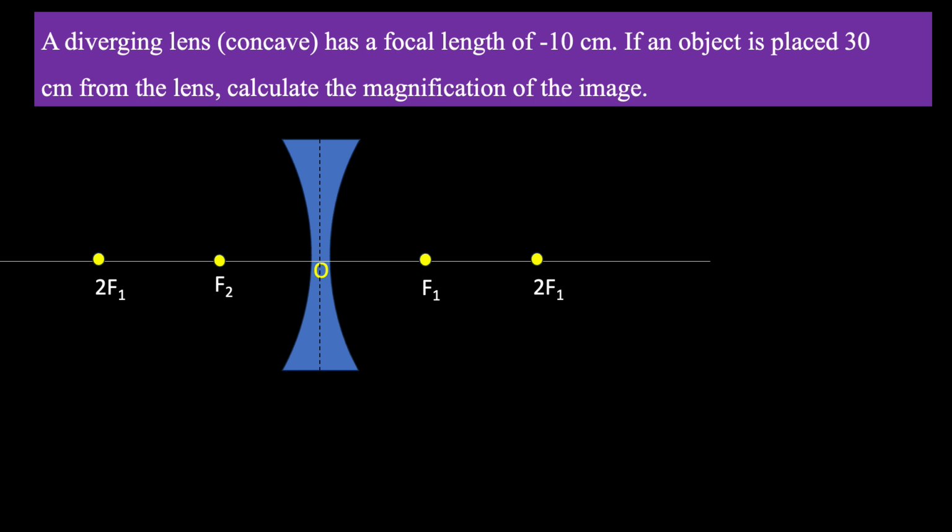A diverging lens, which is a concave lens, has a focal length of minus 10 centimeters. If an object is placed 30 centimeters from the lens, calculate the magnification of the image. Let's draw a rough ray diagram. Here is the object.